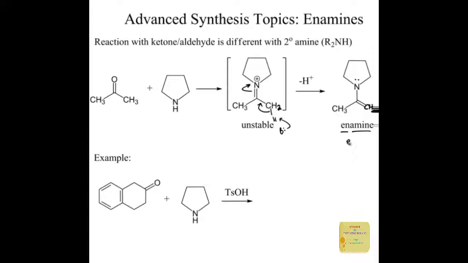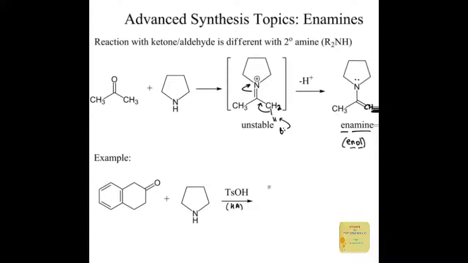So it looks a little bit like an enol, right? Instead of having an oxygen here, we have a nitrogen. But it's definitely related to that, and it's going to be related like an enol and an enolate in being nucleophilic. So first, let's just do an example of this. If we reacted this ketone with a secondary amine and some acid, this is tosic acid, it's just any old acid could be used here.